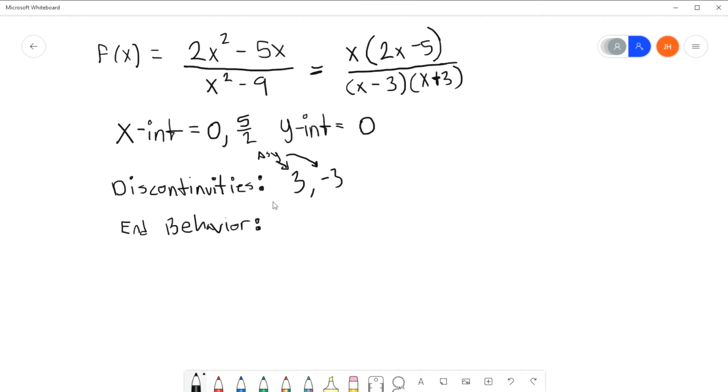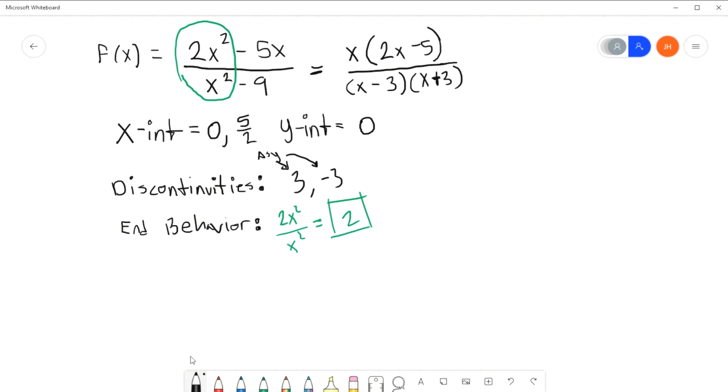And finally, the end behavior. End behavior is the leading terms divided. So I take 2x squared and x squared, and I want to divide them. 2x squared divided by x squared, that'd be 2. So I'm actually going to have an end behavior, which is y equals 2.